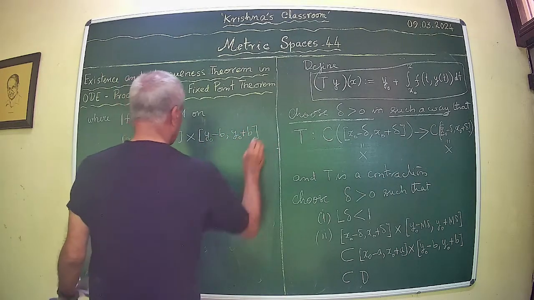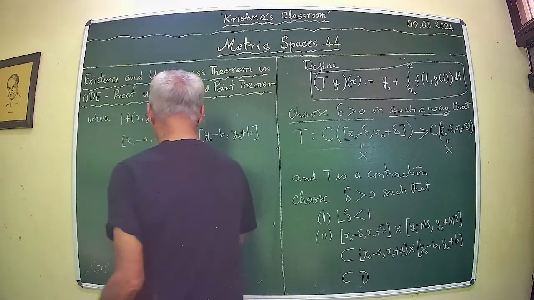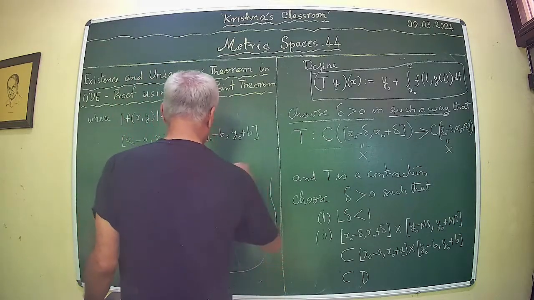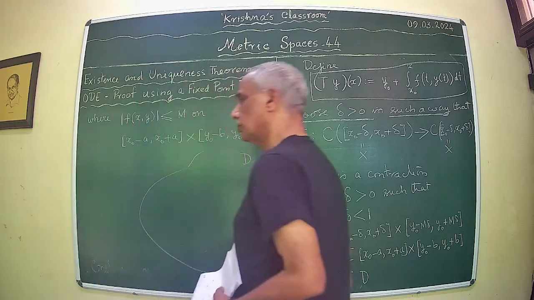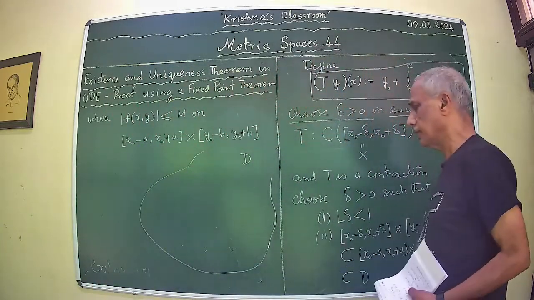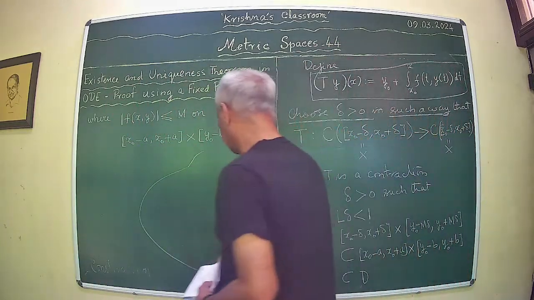Let us examine what it is. See, you have D is some, it may be bounded or unbounded, we don't know. But all that we assume is it is open connected.